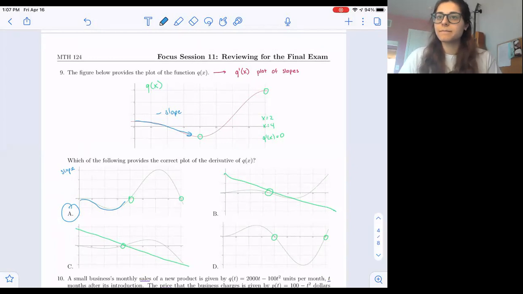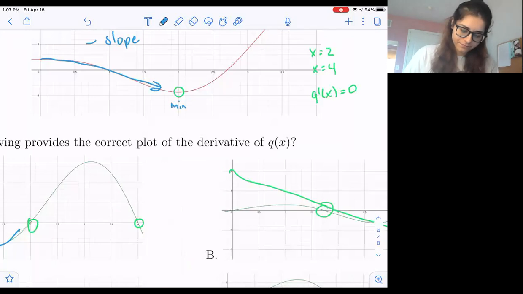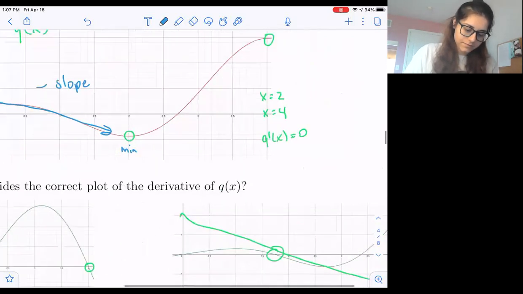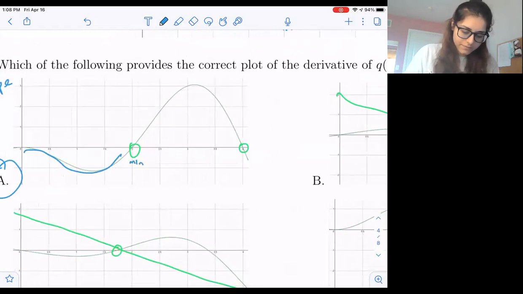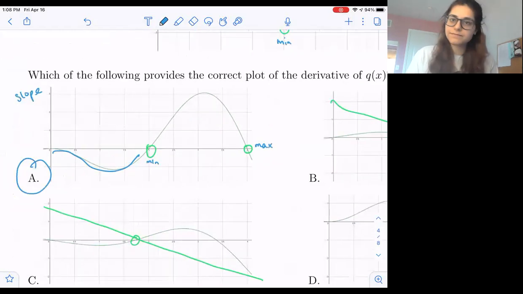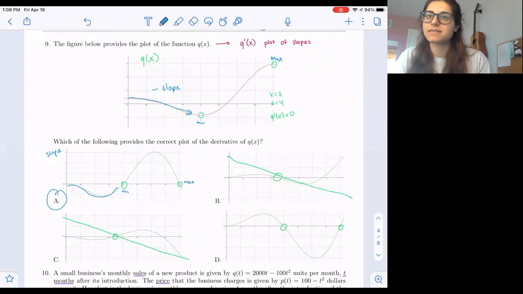Minimum here, maximum here. This again was our minimum and our maximum. So it depends what graph you're looking at. Original function, you're looking for minimums and maximums. Derivative function, you're looking for where it crosses the x-axis.